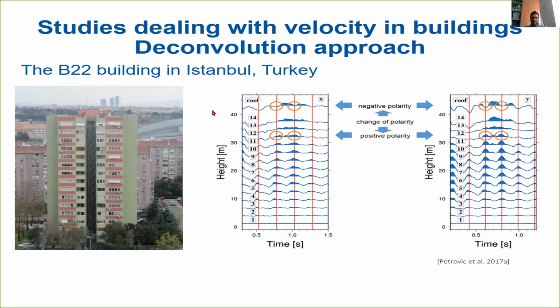And you see this effect, this clear change of polarity of signals from the roof until the 11th, 12th floor. That was indicating a complete change of the characteristics of the building from the 18th floor in the uppermost part of the structure.